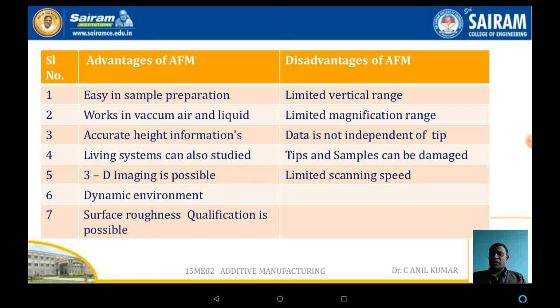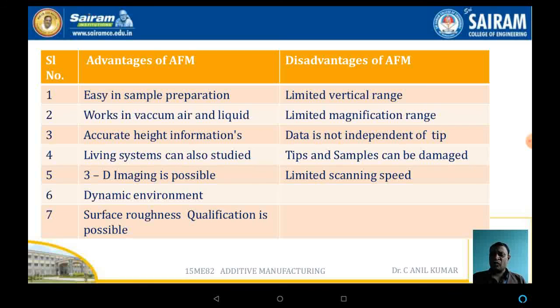Here is the list of the advantages as well as the disadvantages of AFM techniques. The advantages are that AFMs are easy in sample preparation, work in vacuum and even liquid, and give accurate height information.